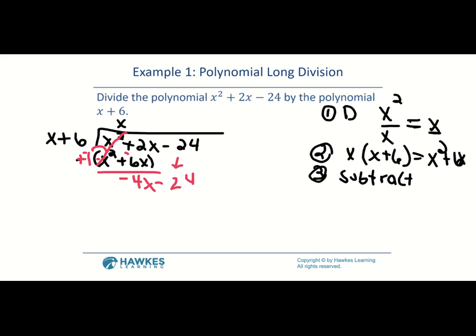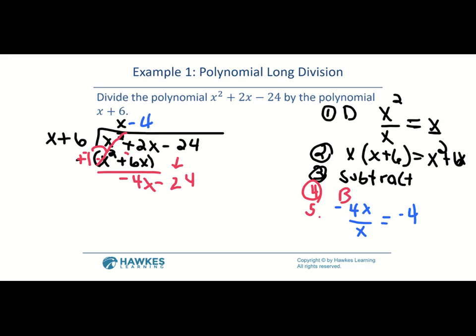All right, now we're going to start over. So we bring down. So now I'm going to divide again, and this time I'm going to divide my first term, my negative 4x, again by x, and that equals a negative 4, so I'll put that up here.